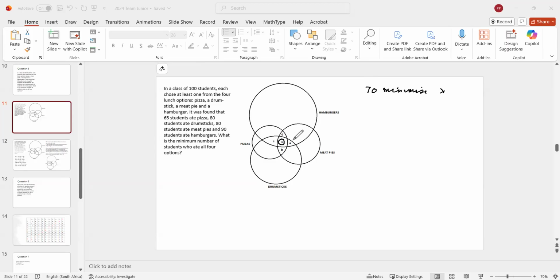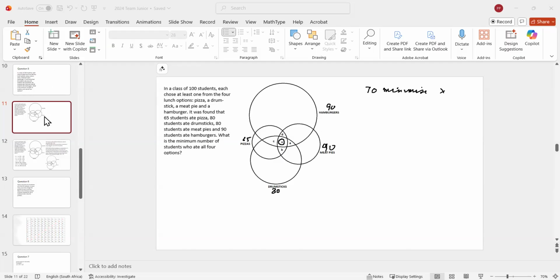You want to have X as small a number as possible. Okay. Let me just write down that pizza is 65 here, drumsticks is 80, meat pies is 80, and hamburgers is 90.